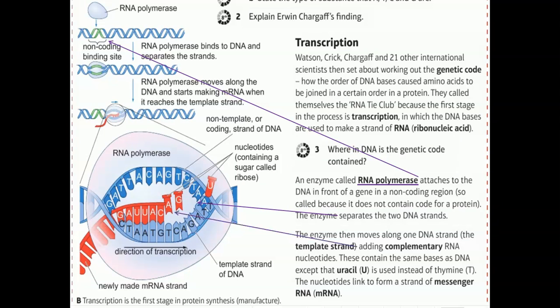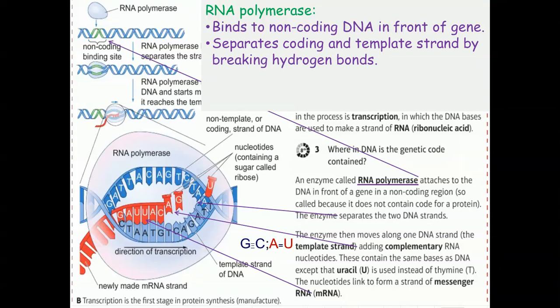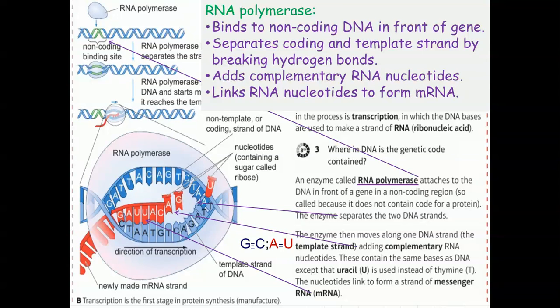It then adds complementary RNA nucleotides, where uracil replaces thymine, and then these nucleotides are linked together to make mRNA, the copy of the gene, which now has the genetic instruction, the order of bases that can be used to make the protein. So to recap, RNA polymerase binds to non-coding DNA in front of a gene. It separates the coding and template strand by breaking hydrogen bonds. It adds complementary RNA nucleotides and then links RNA nucleotides to form mRNA.